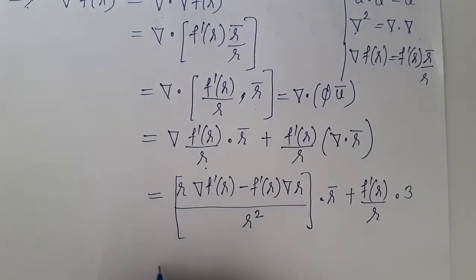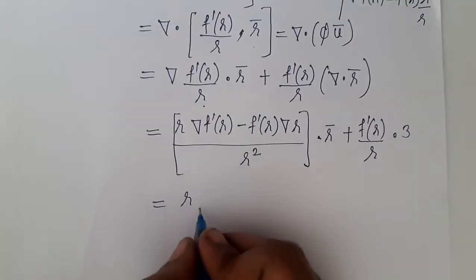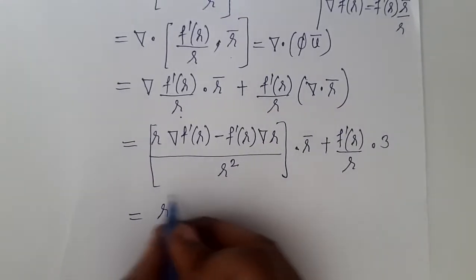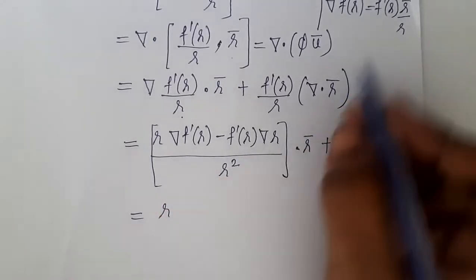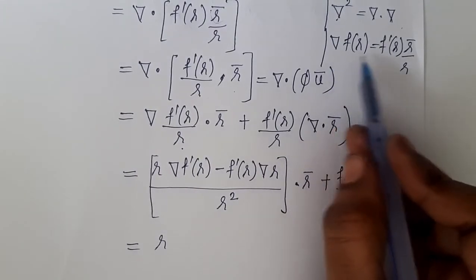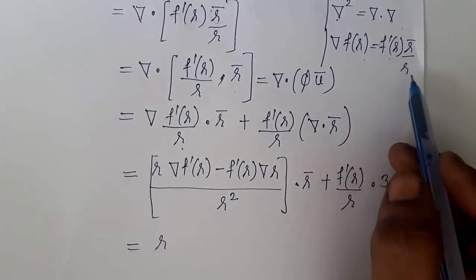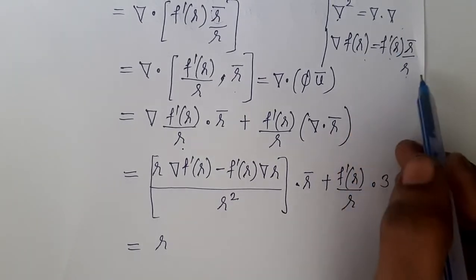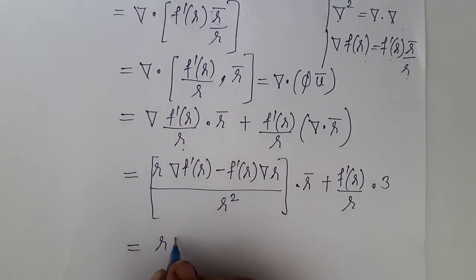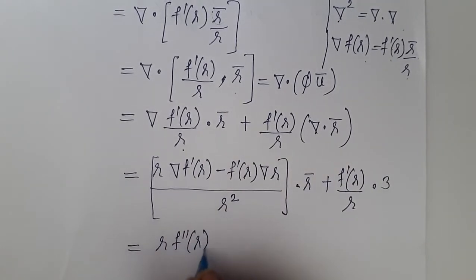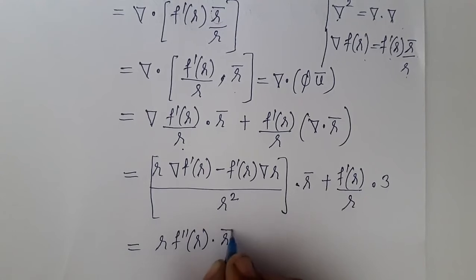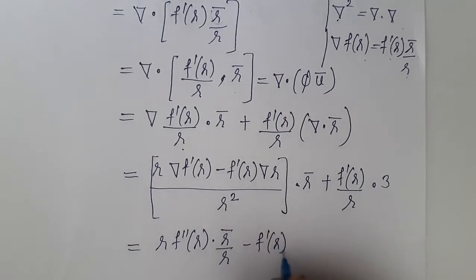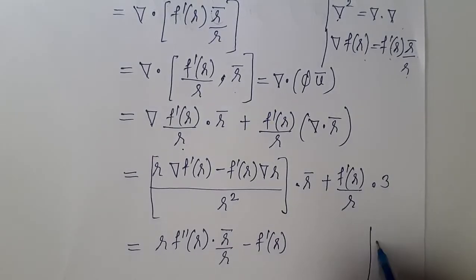So this is 3. So it is equal to r multiplied by del of f dash of r. So again we use the same result. Del of f of r is f dash of r into vector r by r. So what is del of f dash of r? It is f double dash of r into vector r by r. So we use it: f double dash of r multiplied by vector r divided by r minus f dash of r, and again del of r.